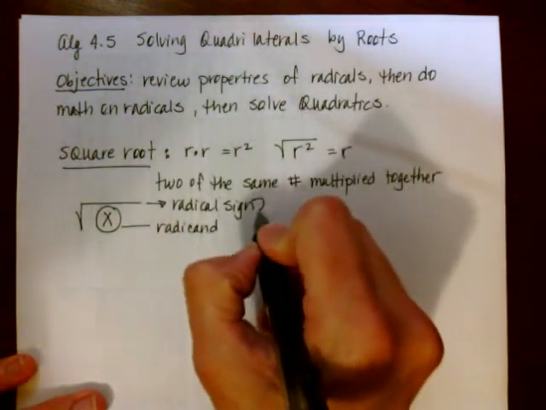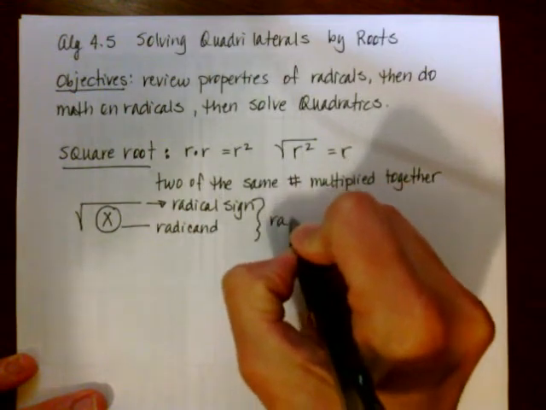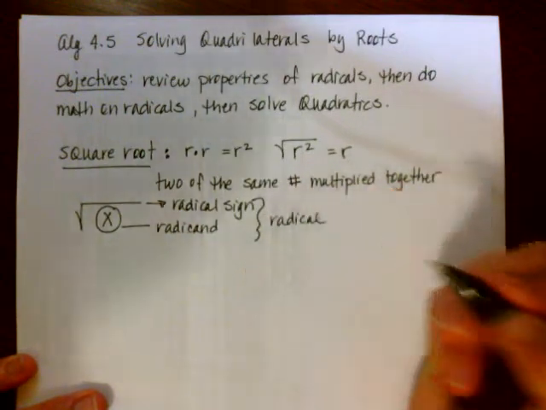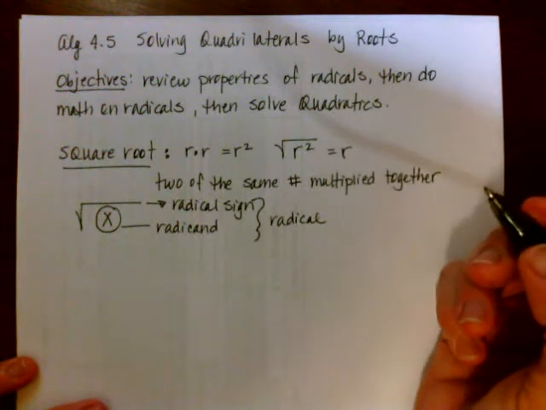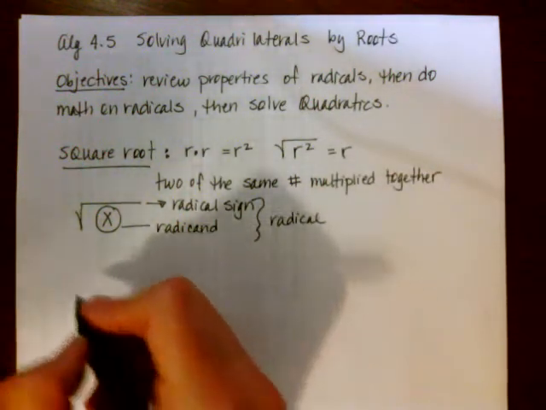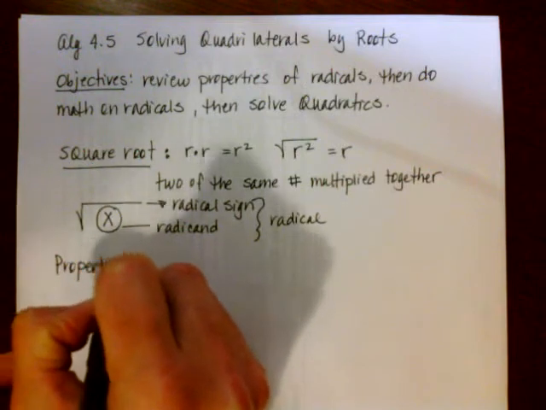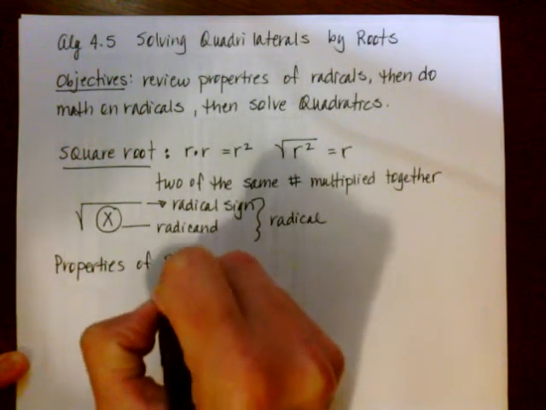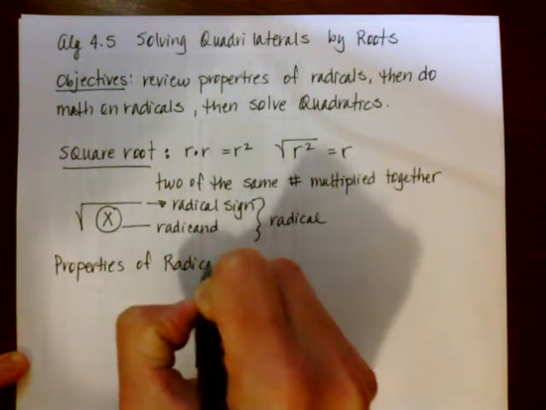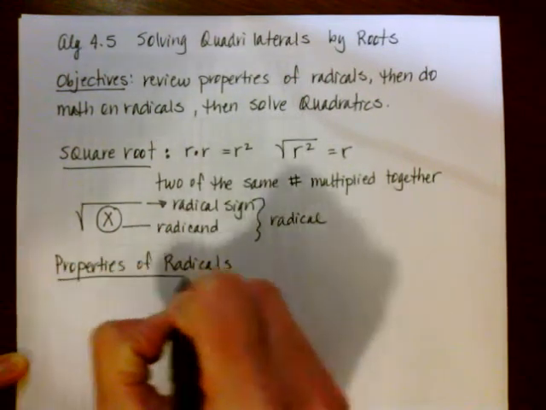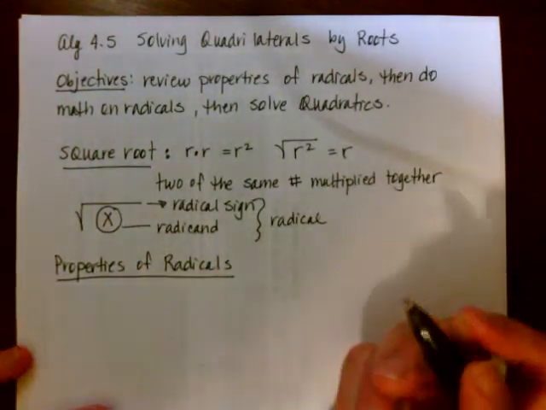And then both of those things together make what we call a radical. Now let's talk about some properties of our radicals. We're not going to talk about all of the properties right now, but just a couple.